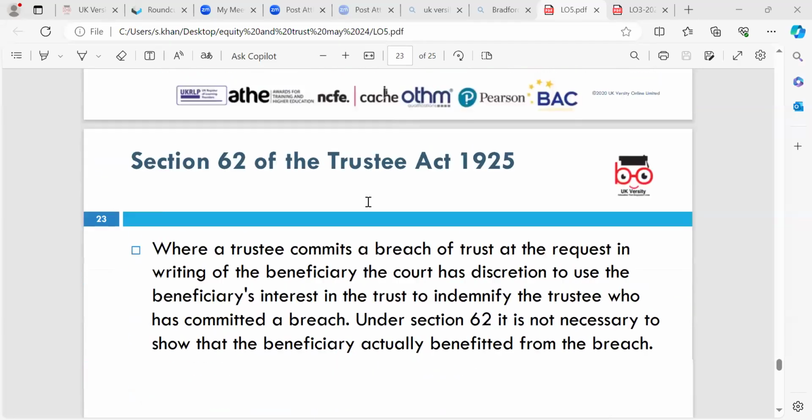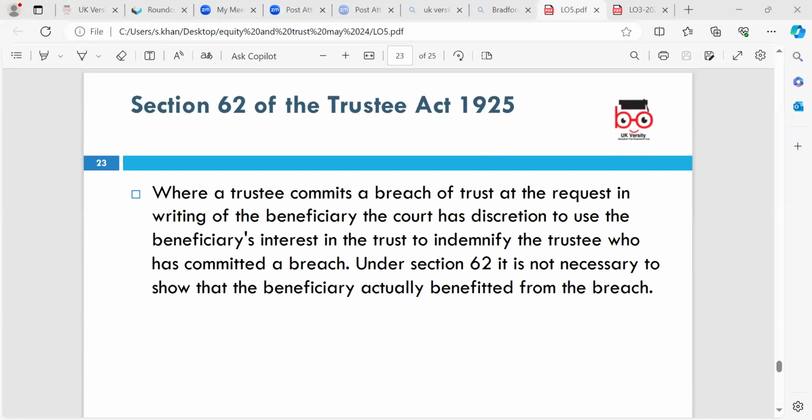The next one is Section 62 of the Trustee Act in regards to the breach of trustees' duty and how that can be applied.